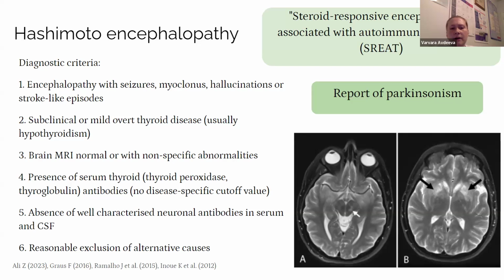Also, people have antibodies to thyroid peroxidase or thyroglobulin, and two other criteria include exclusion of other disorders. So there were no other antibodies to neuronal tissue in serum and cerebrospinal fluid.